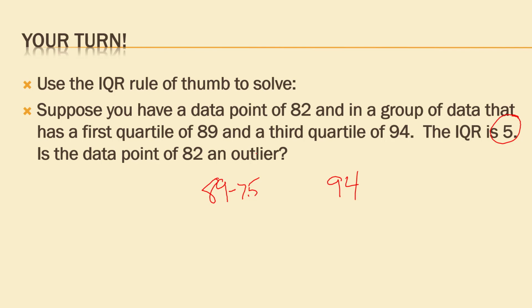And so we end up with 89 minus 7.5, which gives us a value of 81.5. That is my lower boundary for which numbers are classified as not an outlier. So if it's greater than 81.5, it's good. 82 is greater than 81.5, so it is not an outlier.